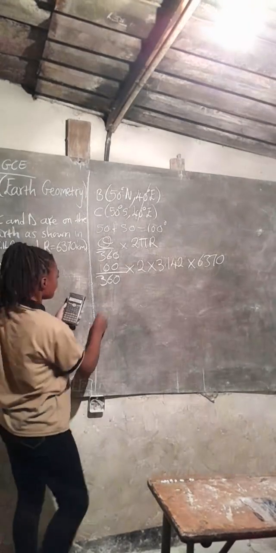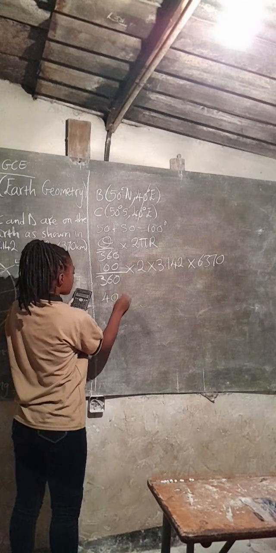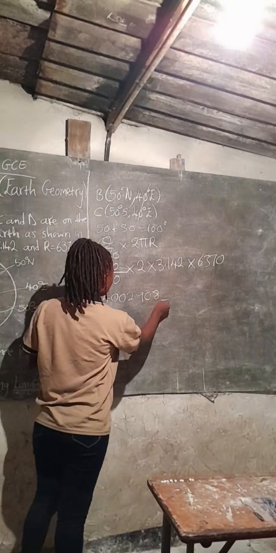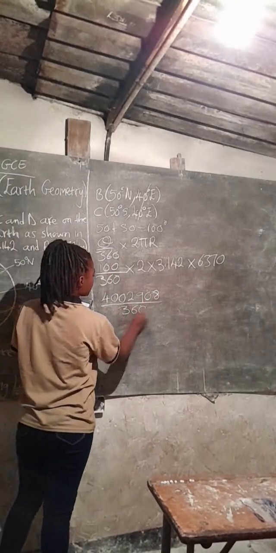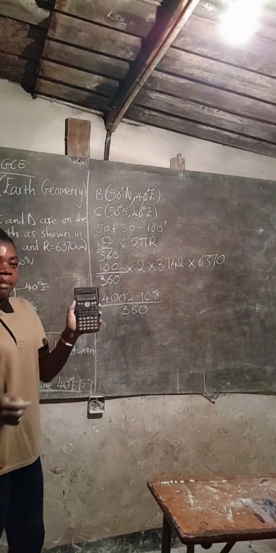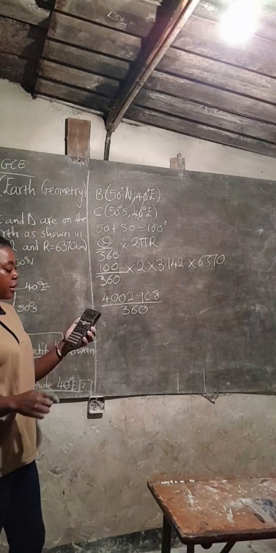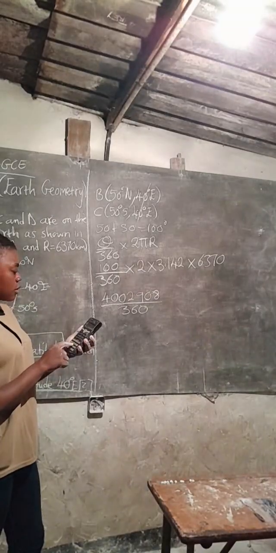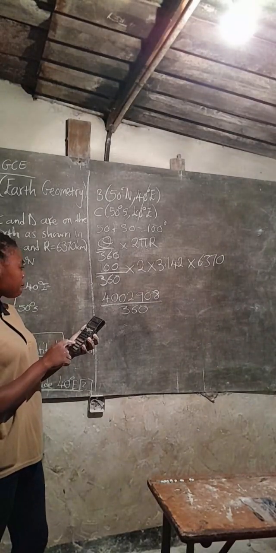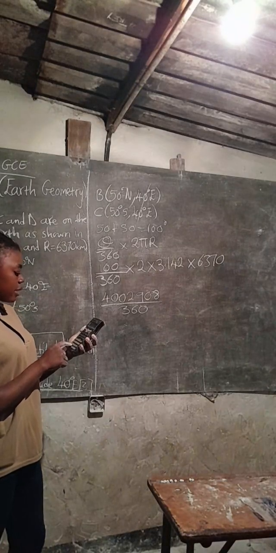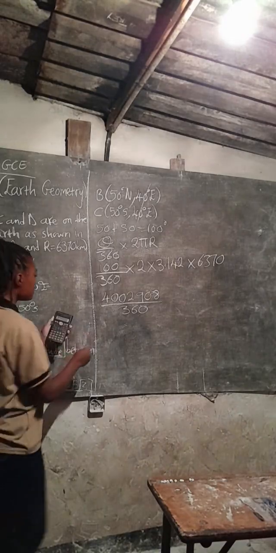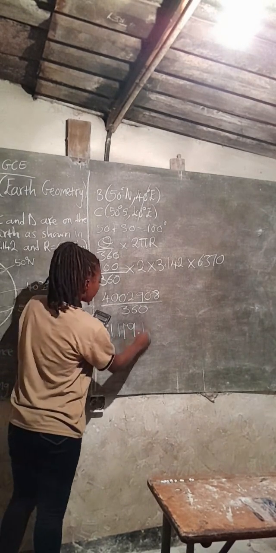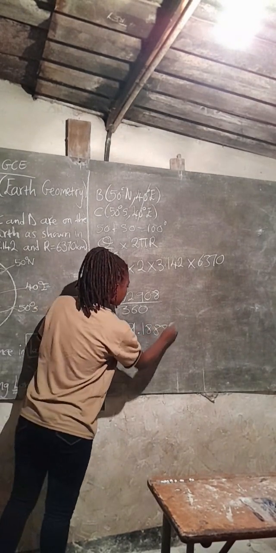For me, it's giving 4,002,908, which will be divided by 360. I press divide by 360, then equal to, which gives me 1119.18889.